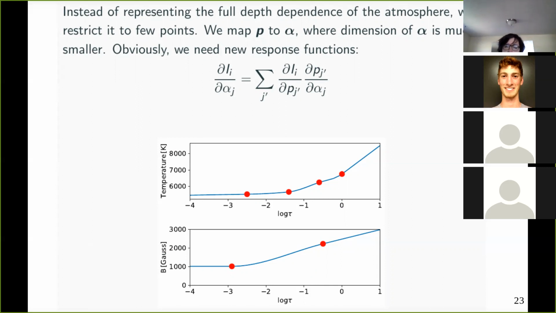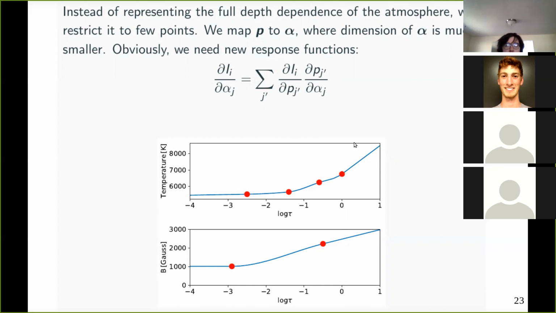Now I have these alpha values, which are the values of my parameters, my nodes, denoted here by the red points, which determine my values of P, my depth-dependent values, which are the blue lines. And I can calculate the response function to the node values by summing over depth the original, depth-dependent response function times the response of the depth-dependent quantity to the node value.